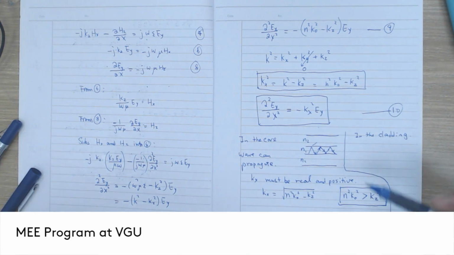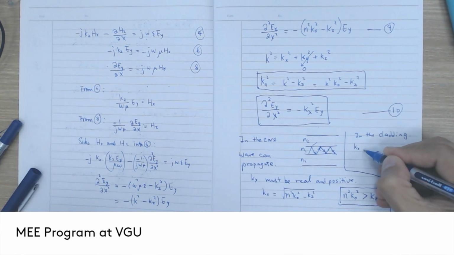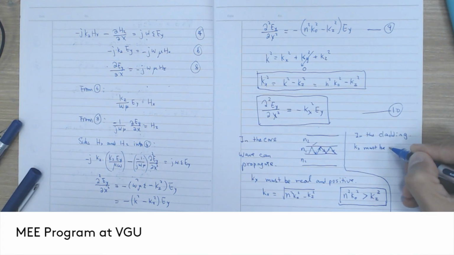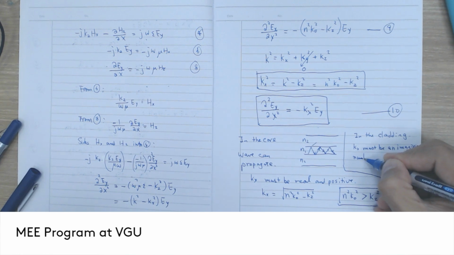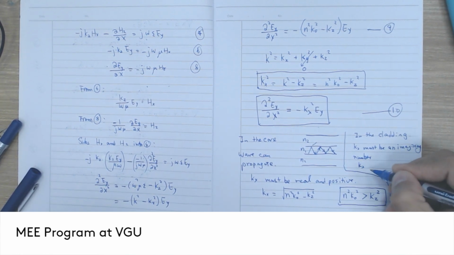In this case, Kx must be an imaginary number. Imaginary number. So this means Kx is not real.